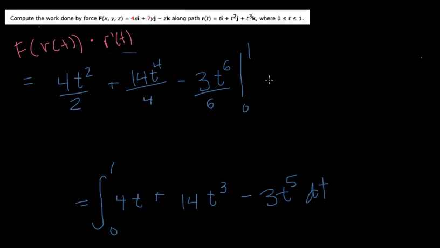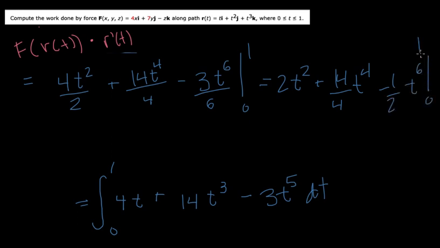If we keep solving, 4 over 2 is just 2t squared, plus 14 over 4 t to the 4th, minus 3 over 6, which is just 1/2 t to the 6th, from 0 to 1.